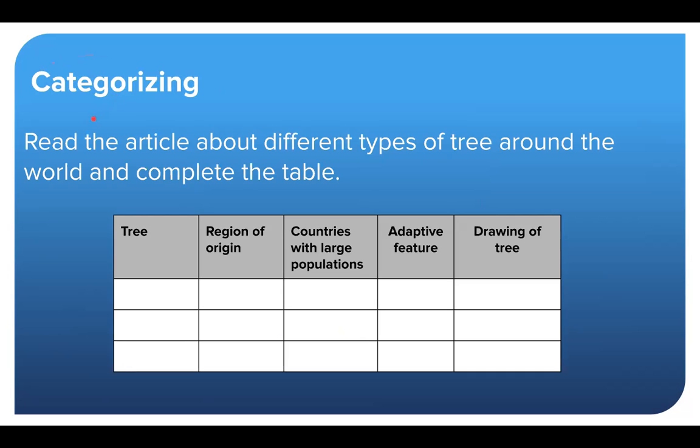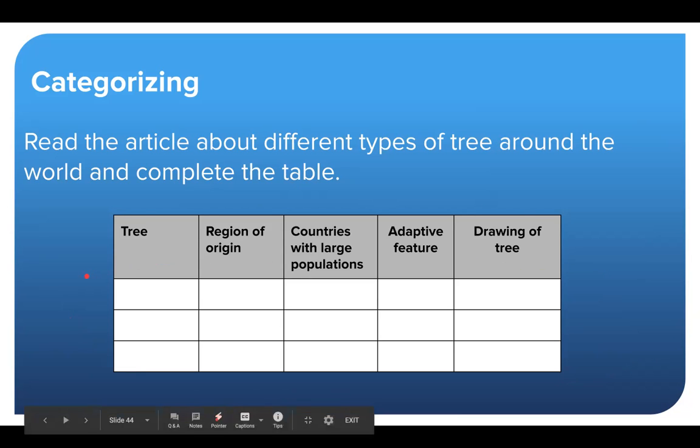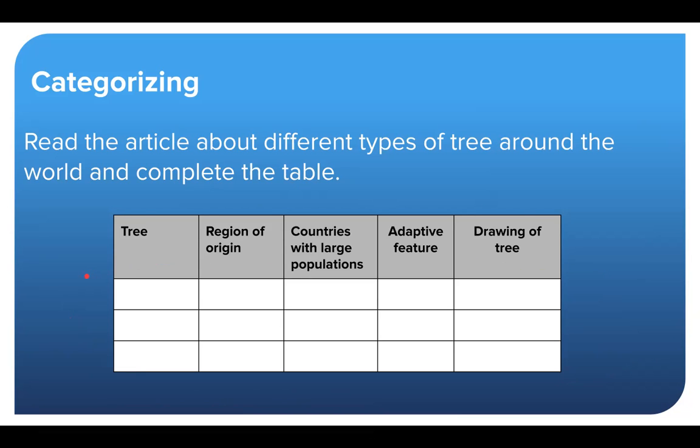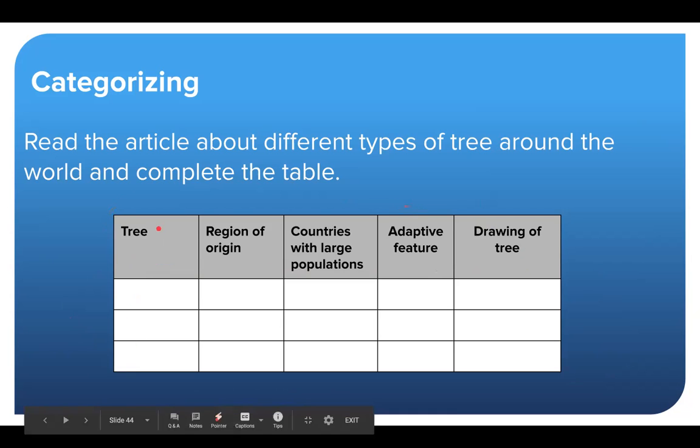This activity is a reading activity, so students read the article about different types of tree around the world, and they then complete this table. So this is helpful because it allows learners to organize the main ideas or concepts from a text, in this case, the article. So the article is about trees, and this table has 5 columns. So column 1 would be the type of tree or the name of the tree.